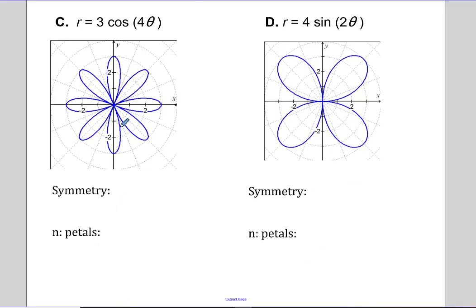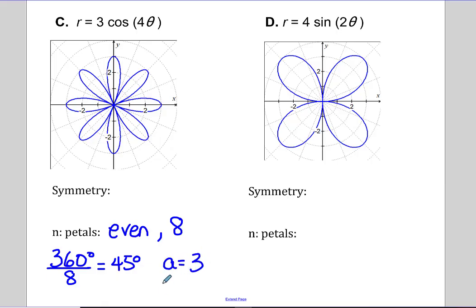Okay. In this one, we have an N value that's 4. So 4 times 2 means we have an even N value, and we get 8 petals. So 360 degrees divided up evenly among 8 petals is every 45 degrees, and the petal length is 3. So since we're cosine, our petal axis is going to start on the polar axis, but it also has pole symmetry since it's reflected across the pole.